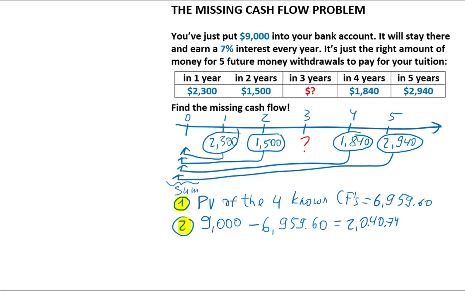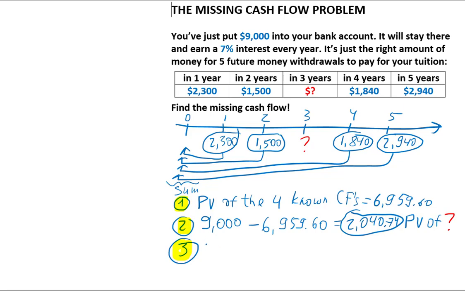What does it mean? It's the present value of the missing cash flow, of the question mark on our timeline, right? It's the present value of it. This is not our answer yet. It's the present value in today's dollars. It's right here, under year 0 on the timeline, which means we need one more step to finish this problem.